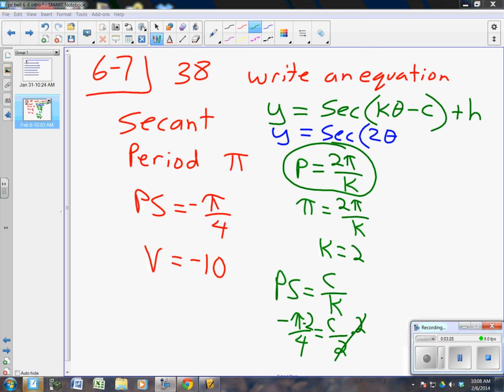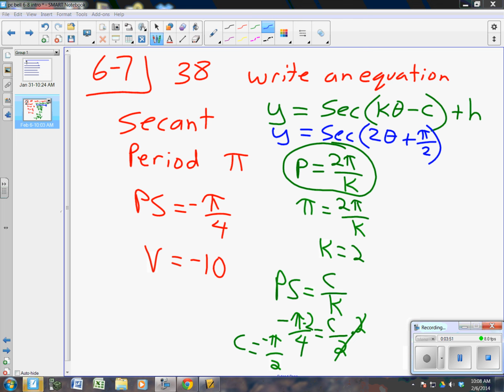So those cancel out, and so c is equal to what? Negative pi halves, right? Because that simplifies. So if it's negative pi halves, what am I going to write next? Plus pi halves. Why is it plus? Because it was minus a negative pi halves, which is plus pi halves.